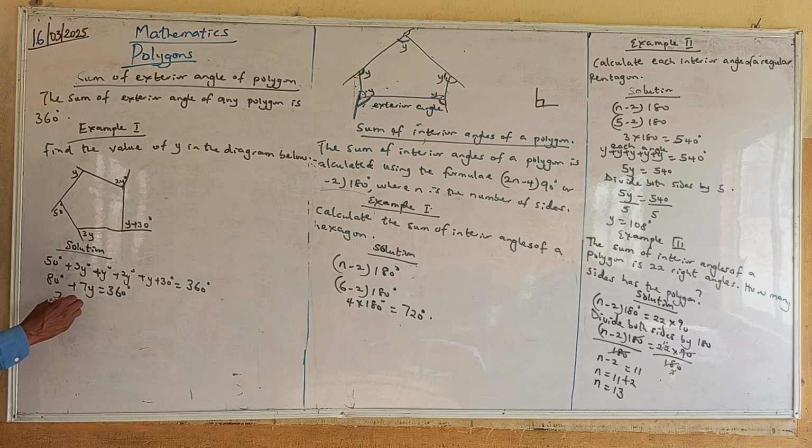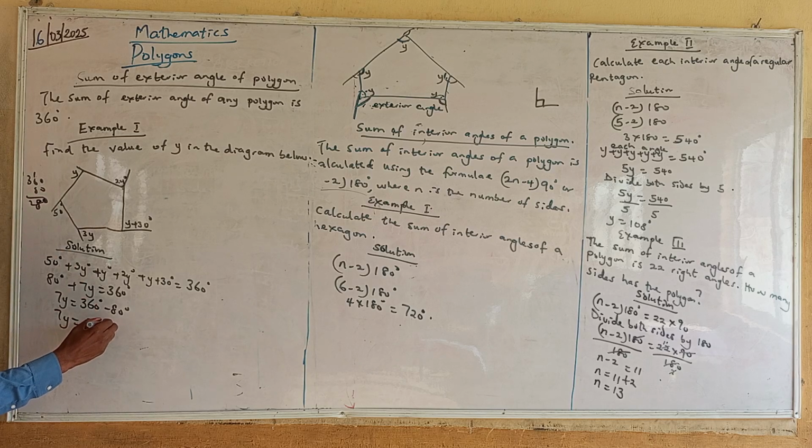So 7y will now be 360 degrees minus 80 degrees, which is 280 degrees. So you divide both sides by 7. So y equals 40 degrees.